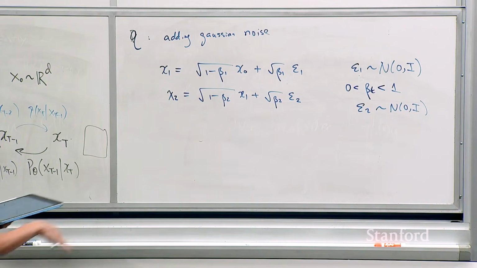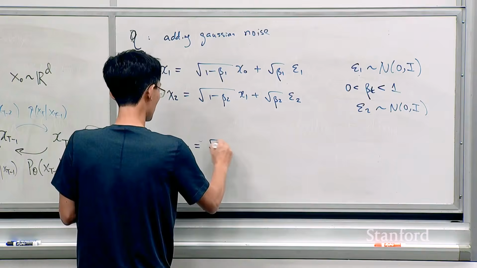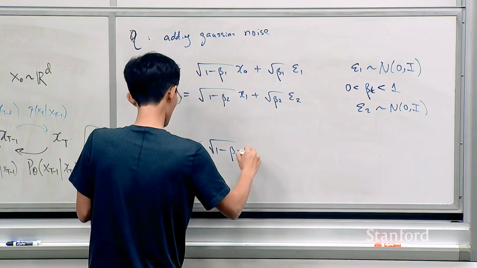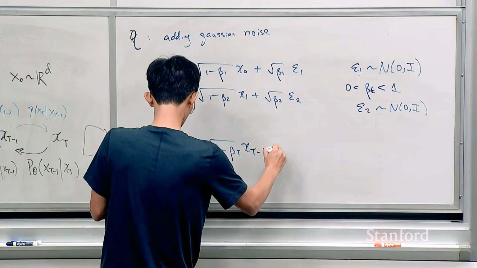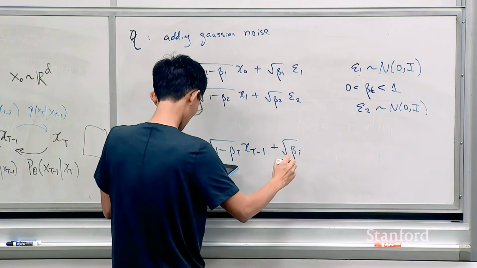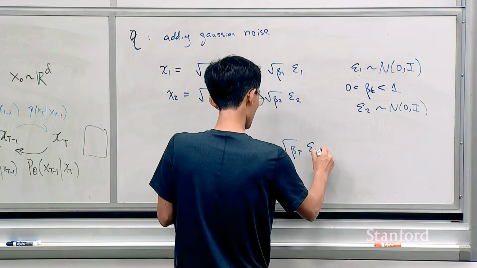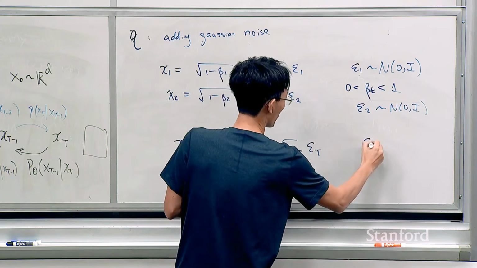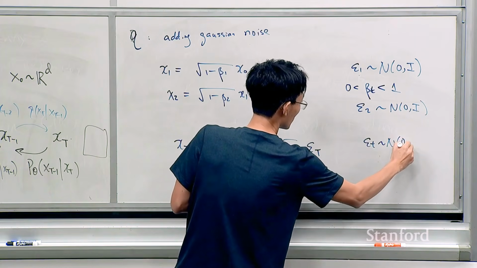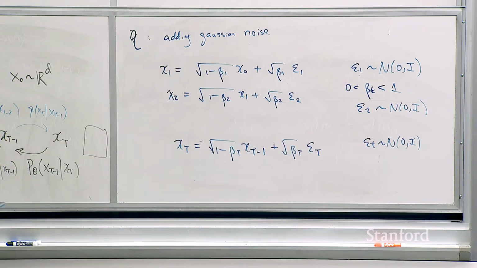And you do this iteratively until you get xt, which equals square root of 1 minus beta t times xt minus 1 plus square root beta t times epsilon t. And for every t, epsilon t is IID from the standard normal distribution.